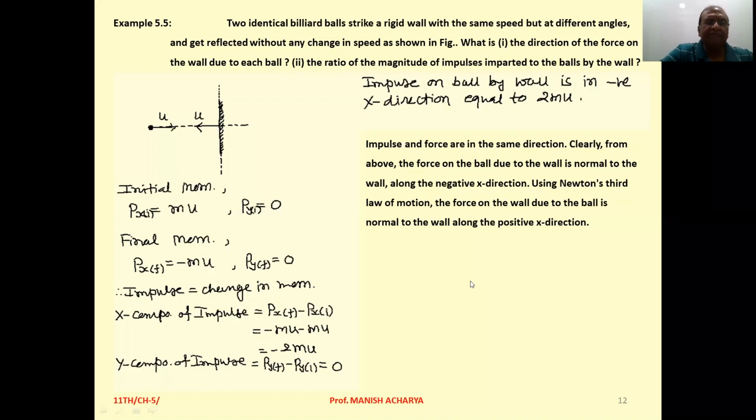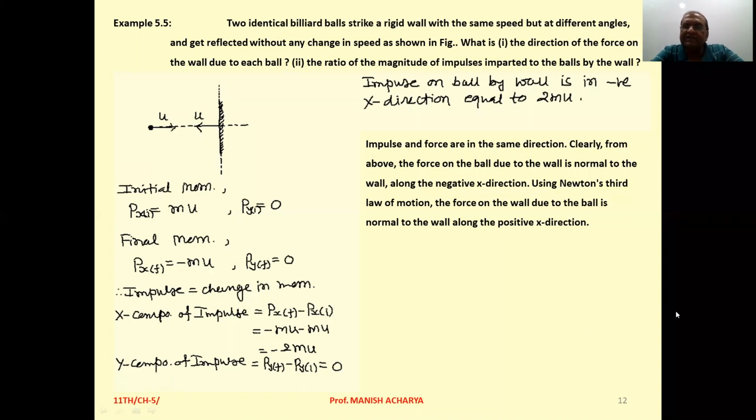Now see here, in the first case, the ball collides with the wall normally, at a 90 degree angle to the wall. So that is normal incidence. If we want to calculate the impulse, we have to calculate the change in momentum.